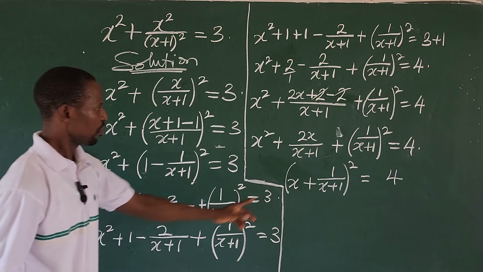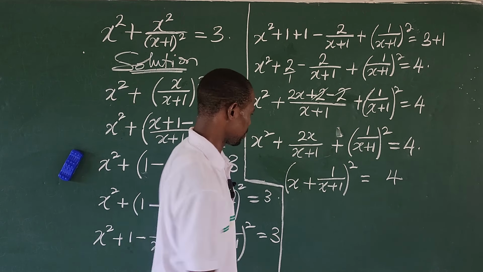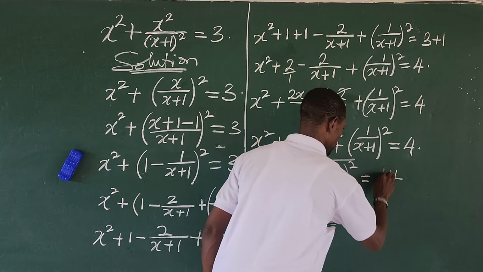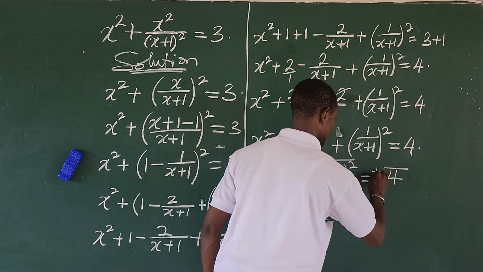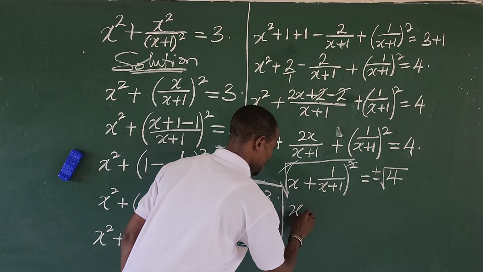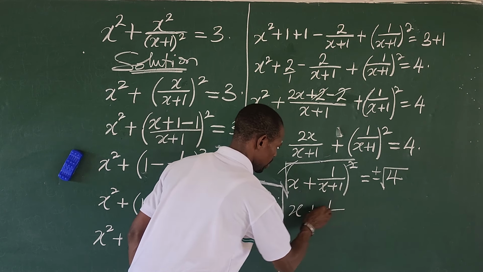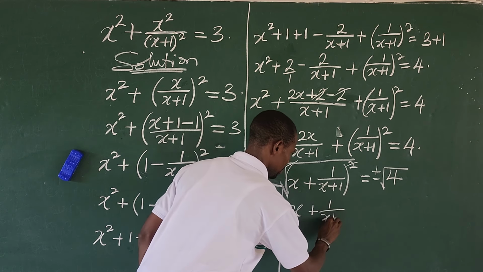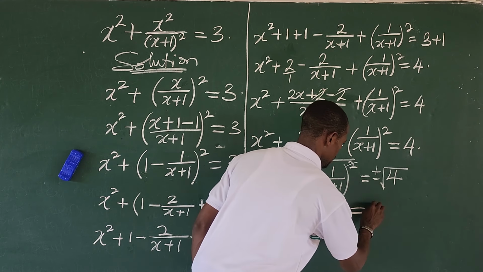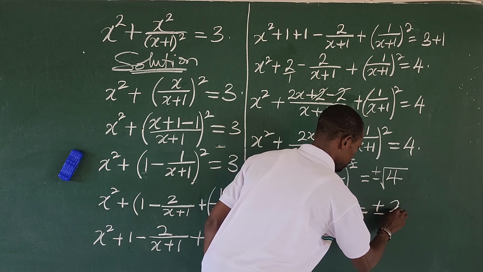So we want to eliminate this, so we take the square root of both sides. We take the square root of this side, equally take the square root of this side, and introduce our plus minus. This radical goes with this. So we now have x plus 1 all over x plus 1, right? This is equal to plus or minus 2.